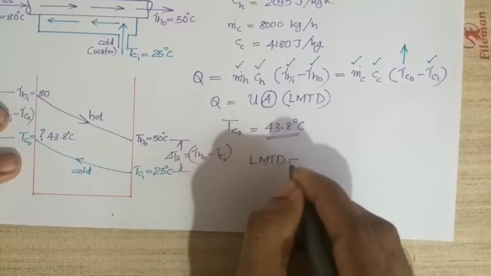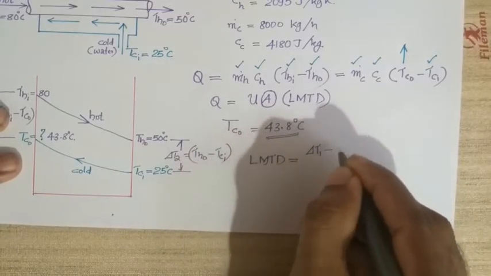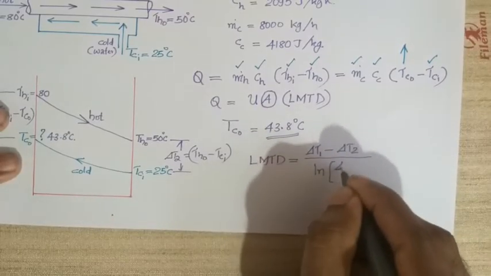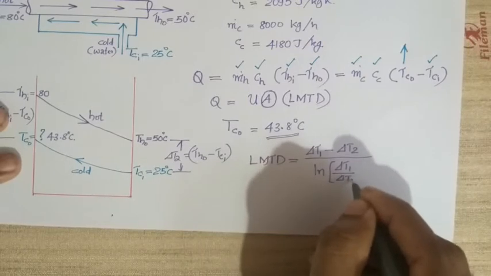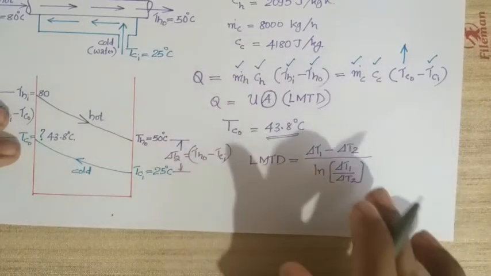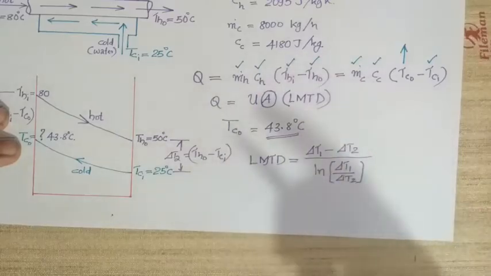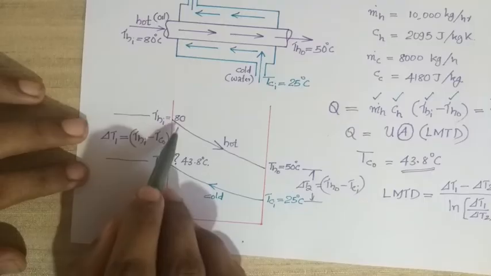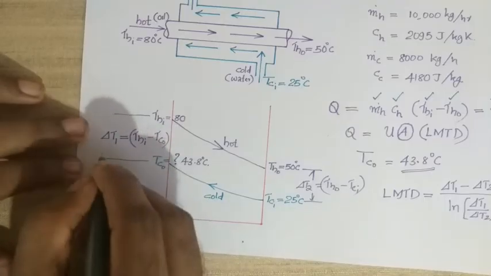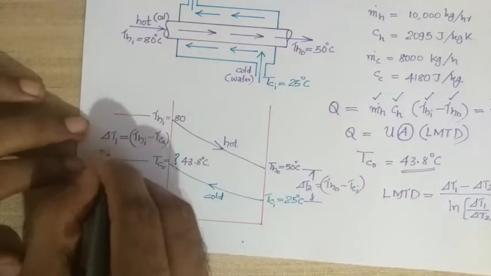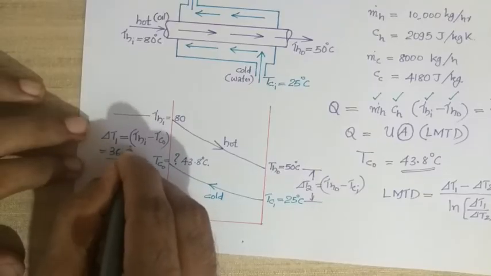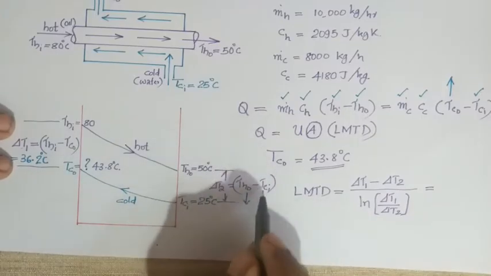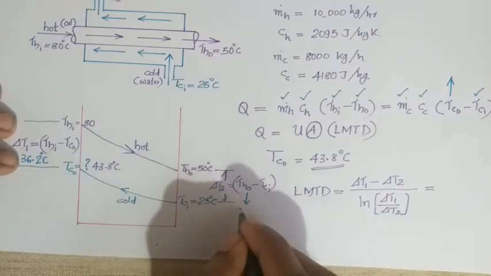So first you have to find the LMTD for this case. The logarithmic mean temperature difference is evaluated by delta T1 minus delta T2 divided by ln of delta T1 divided by delta T2. This is the expression for LMTD, or you can use the expressions given in the data book. Delta T1 is 80 minus 43.8, which is around 36.2 degrees Celsius, and delta T2 is Tho minus Tci, that means 50 minus 25, that is 25.